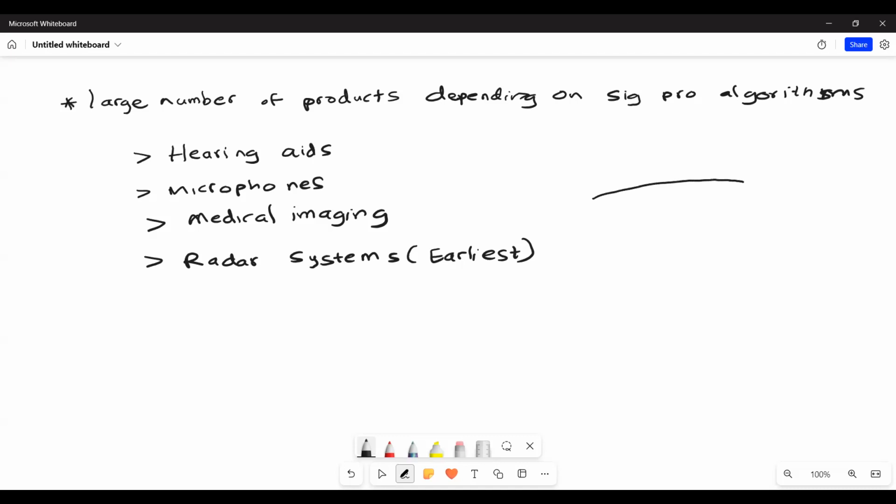I don't know whether you have visited a place with a radar system. You can observe the radar system using signals to identify objects in a distant place.